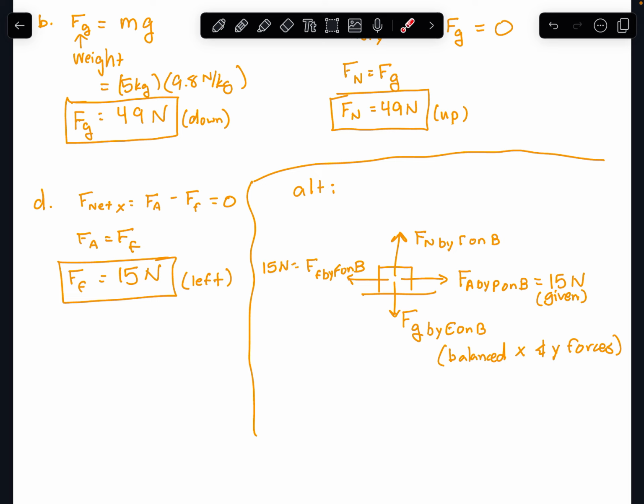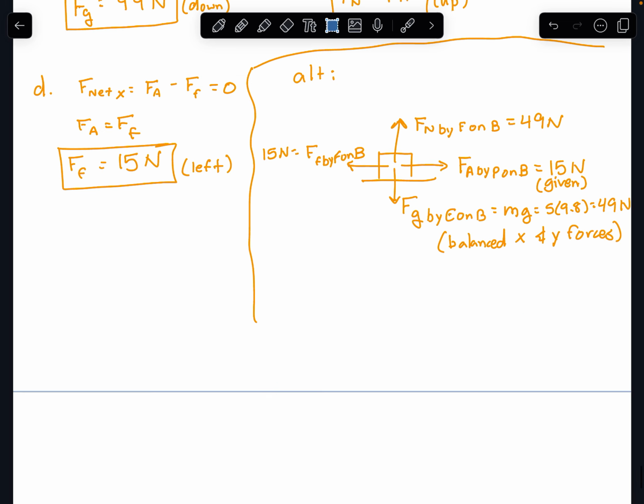This is solved because balanced given 15. This is mg, 5 times 9.8, 49 newtons. And again, because we are balanced, I can say that this is 49 newtons.